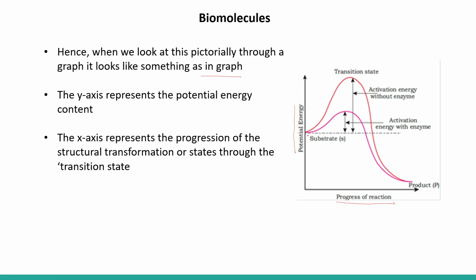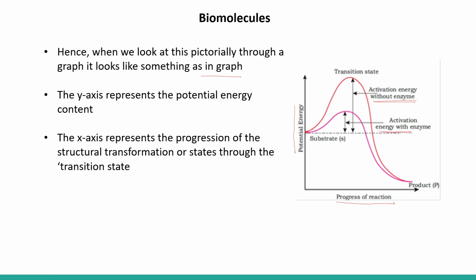Now we can see a substrate here. Let us have two conditions: the reaction taking place without any enzyme, and the same reaction taking place with the help of enzyme.